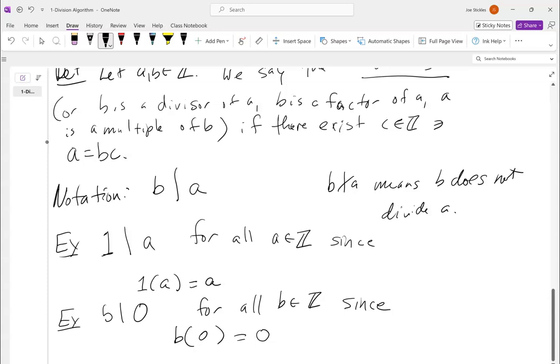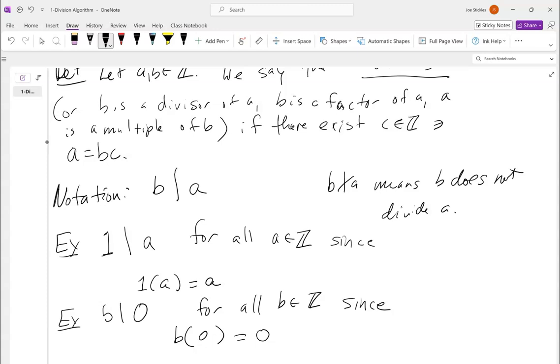So 1 divides anything, anything divides 0, including 0. There's nothing wrong with 0 dividing 0, even though the book says don't worry about it yet. Well, yeah, 0 divided by 0 is 1. Is it 1 or is it also pi? Sure. Yeah. Negative square root of 7. It's all those things.